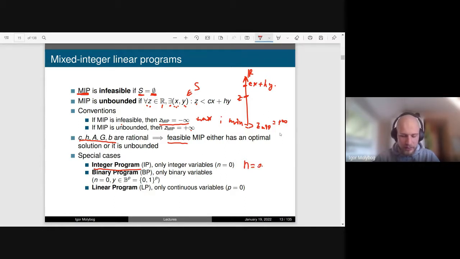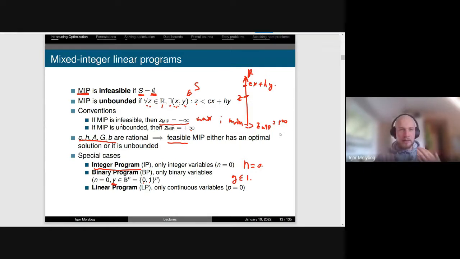Another special case of integer program is the binary program, where you assume that y is less than or equal to 1. Or in other words, you are saying that y is in the set {0, 1}. So basically, it can take either 0 or 1 value.